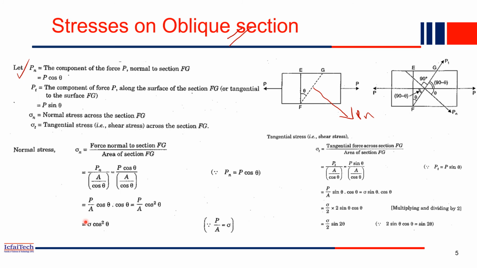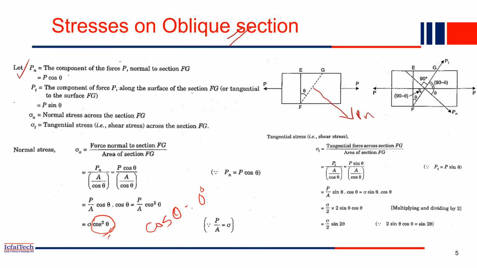So now can you tell me where the normal stress will be maximum? When this value will be maximum? When cos theta is maximum, that is theta equal to 0, cos 0 degree is equal to 1. So when theta is 0 degree, you will have the maximum value of normal stress. Theta is 0 means FG coincides with EF.